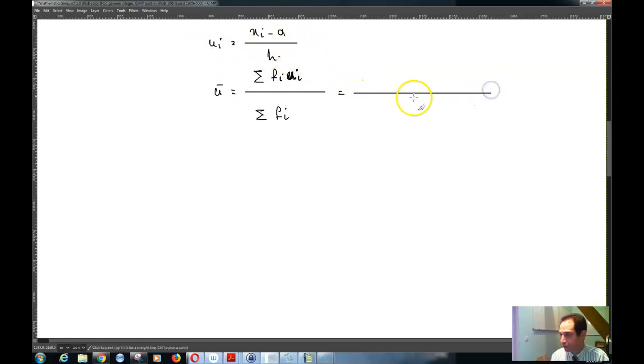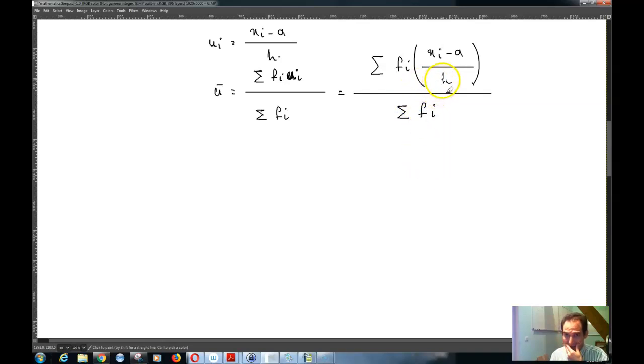So I can write this as sigma f of i times u of i, which is basically x of i minus a divided by h, divided by sigma f of i.